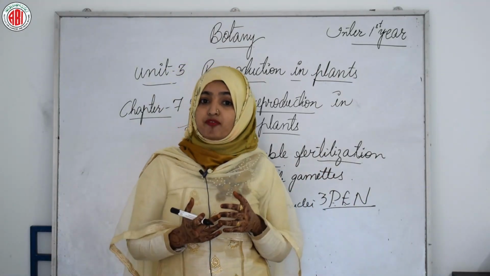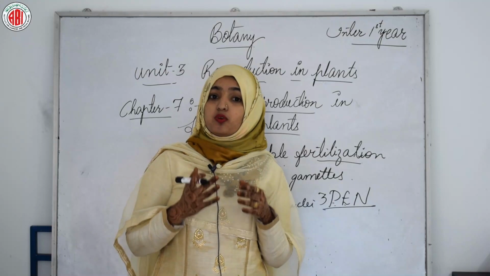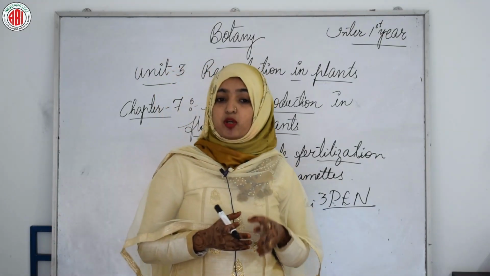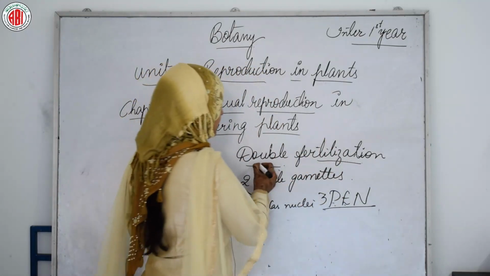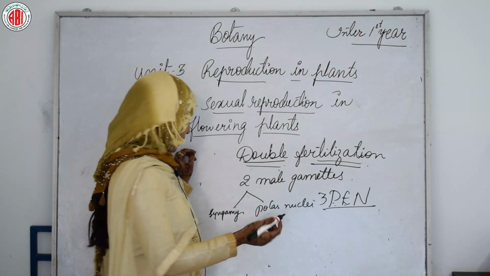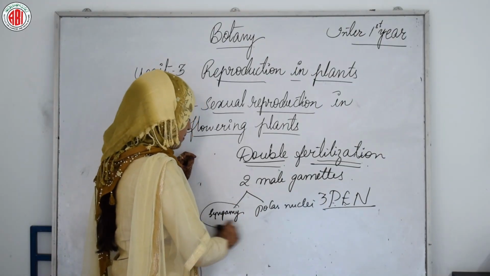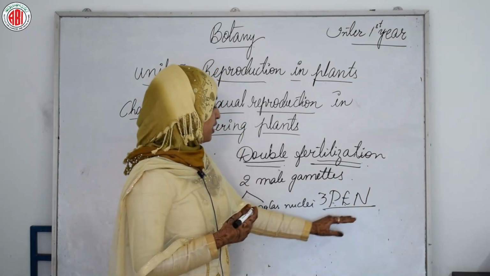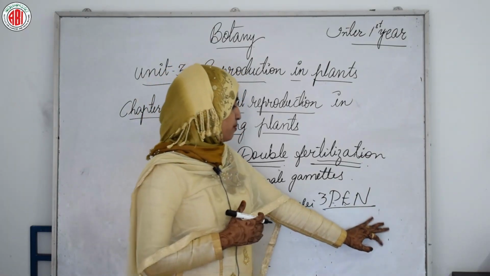Since two types of fusions, syngamy and triple fusion, take place in the embryo sac, the phenomenon is considered double fertilization. Here we can easily say that one fertilization is syngamy, and the second is the fusion where the primary endosperm nucleus is produced, right?